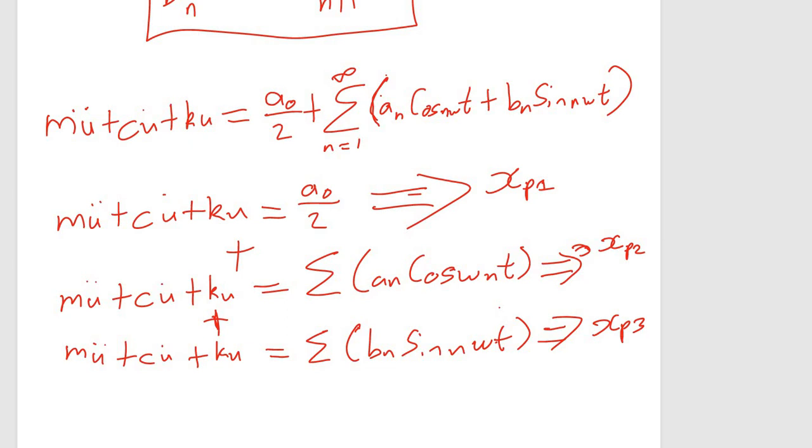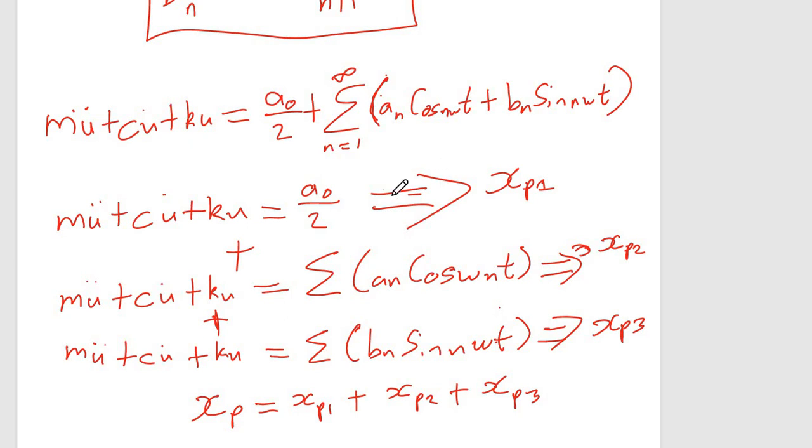So my overall particular solution is going to be a combination of xp1 plus xp2 plus xp3. So how do we go about finding what is particular 1, particular 2, particular 3?